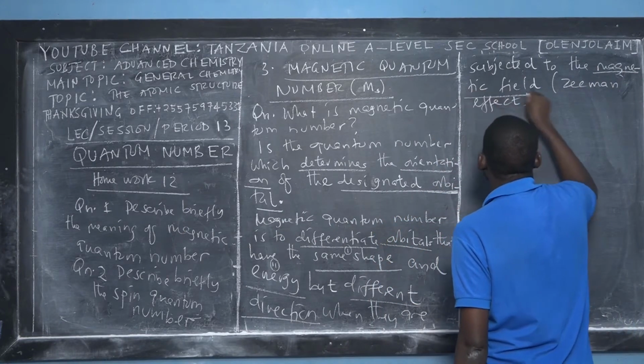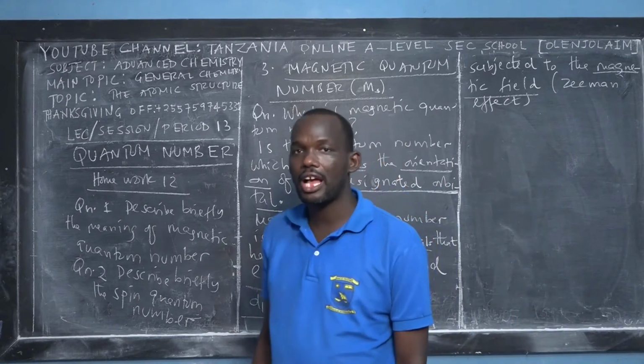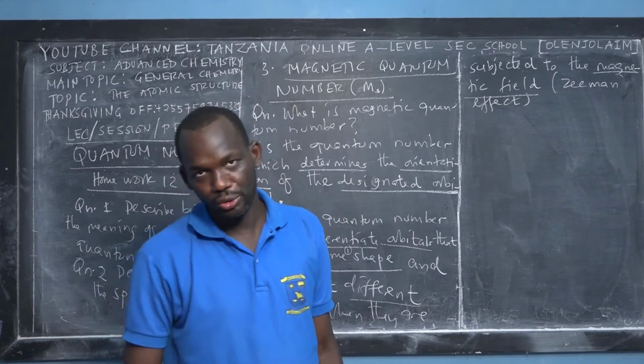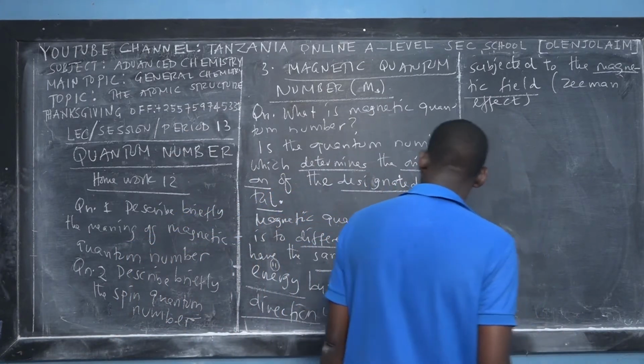When we say magnetic field, we may use either a permanent magnet or paramagnetic materials, especially some of the elements. So it means that they have different directions.